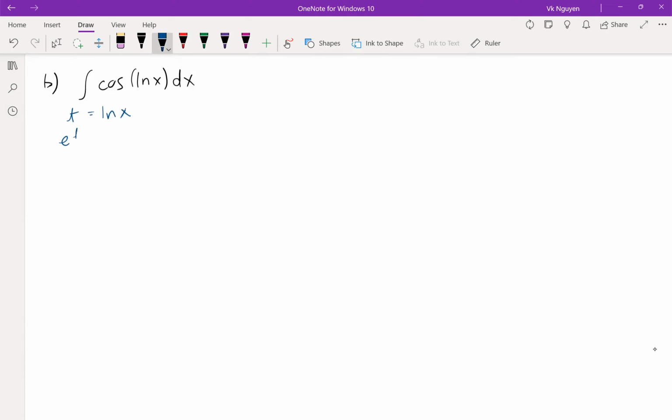So e to the t is x, and then e^t dt is dx. Do the substitution and we have the integral of cosine t times e^t dt.